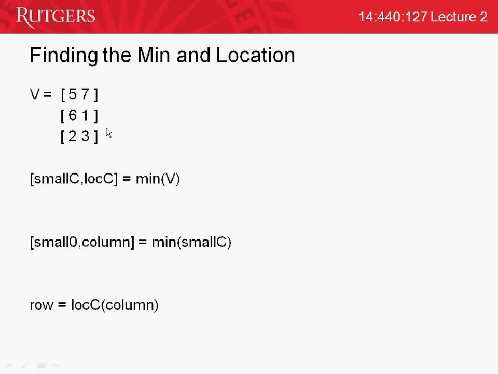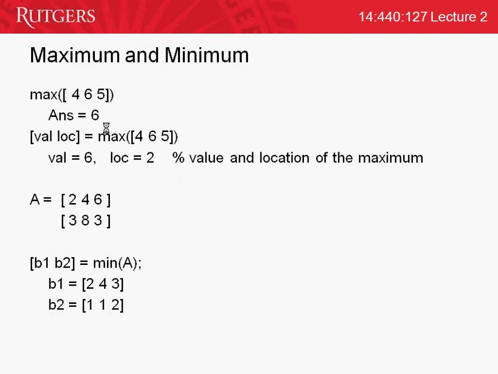All right, so now we're going to do something a little bit more interesting. We're going to use MATLAB to find the row and the column the minimum element is located in. And note, in this example we're looking for a unique minimum, and we're assuming all the elements are unique. Actually, that's worth mentioning. When you're finding the maximum or the minimum, it finds the first of the maxima or minima.